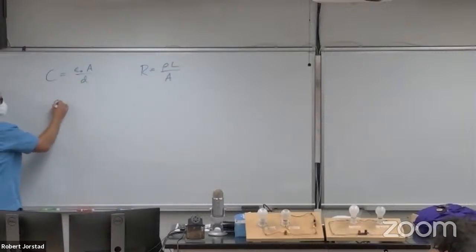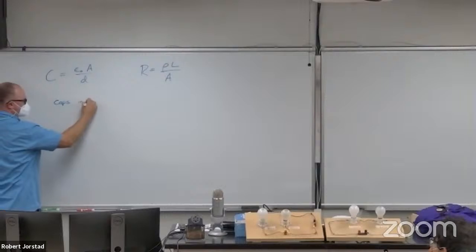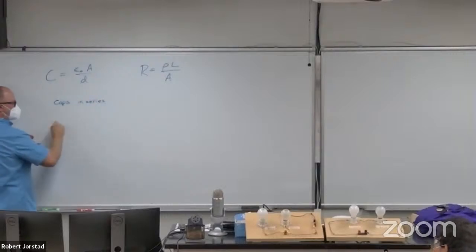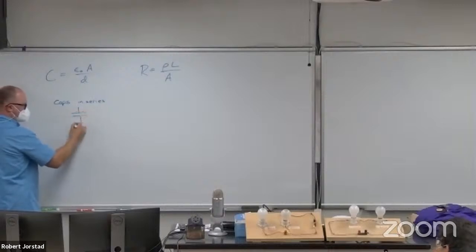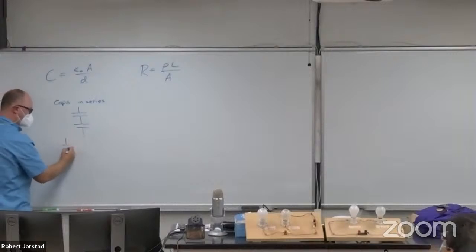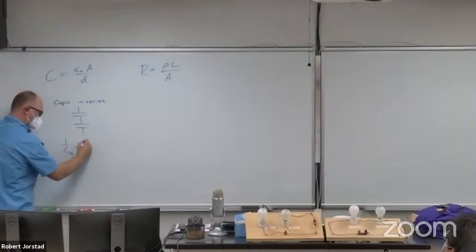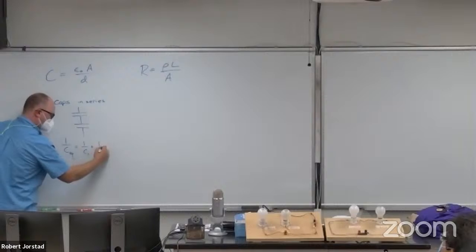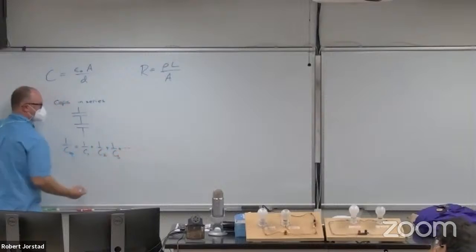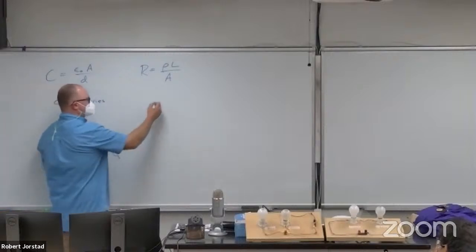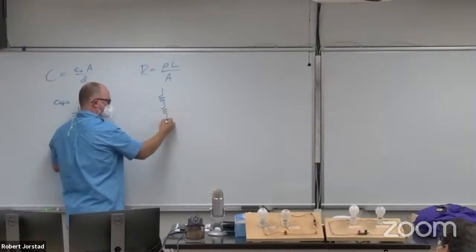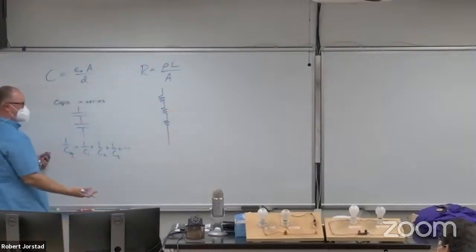This is why when you're dealing with caps in series, you're basically extending the gap. You're making the gap bigger, you're increasing D. That's why we get 1 over C_eq equals 1 over C1 plus 1 over C2 plus 1 over C3, and so on. Well, think about resistors in series. We've discussed this already today. I alluded to it. We're basically just extending the length.